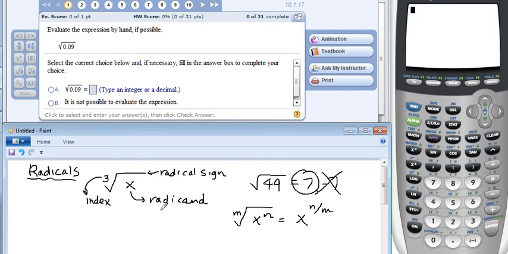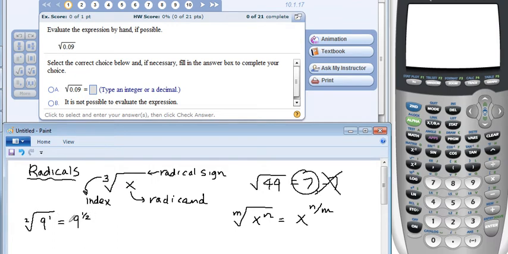Let's try one just to prove to ourselves that we can do that. All right, so let's say I've got 9 raised to the, let's just say there's a 1 on here, and then let's just take the square root, which is, there's a 2 in there. Okay? That's the same as 9 raised to the 1/2 power, right? 1 divided by 2.